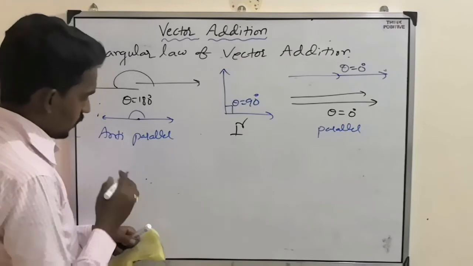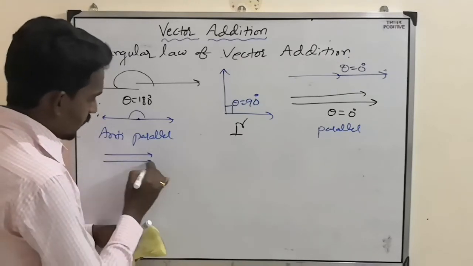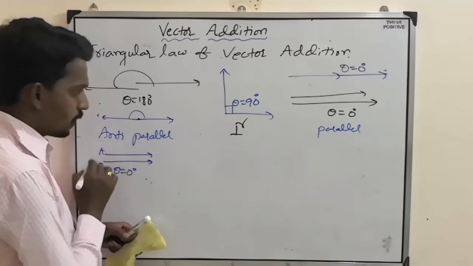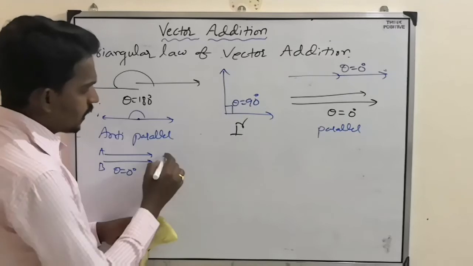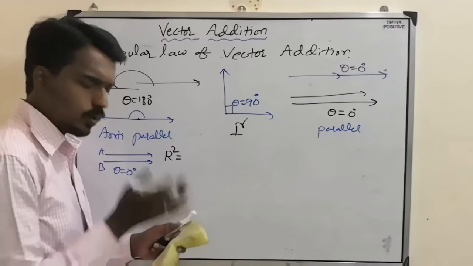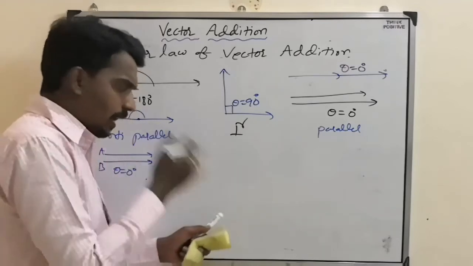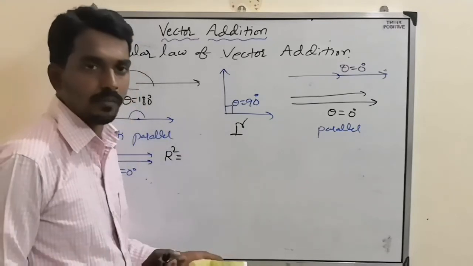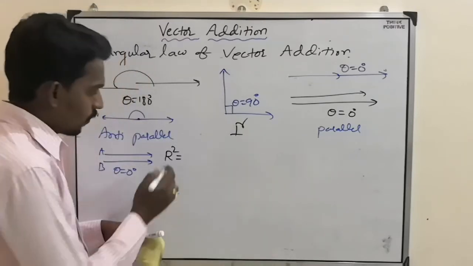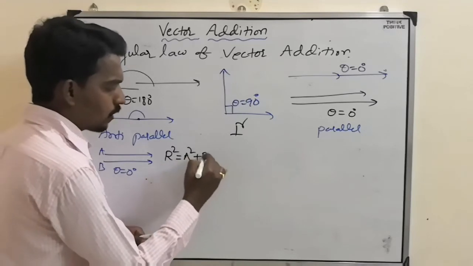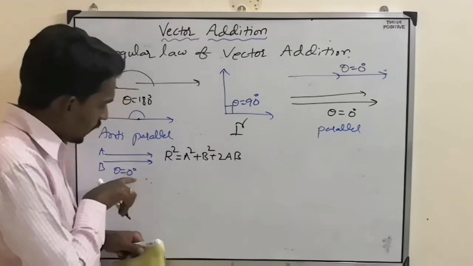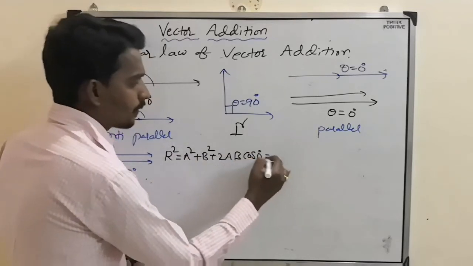So the angle between any two vectors must lie between 0 and 180. But suppose two vectors, A and B, are in the same direction, where theta is 0. Then what is the resultant? Take the formula I have given. Right now don't bother about the derivation, we will do it in the next class. R square equal to A square plus B square plus 2AB cos theta, where theta is 0.